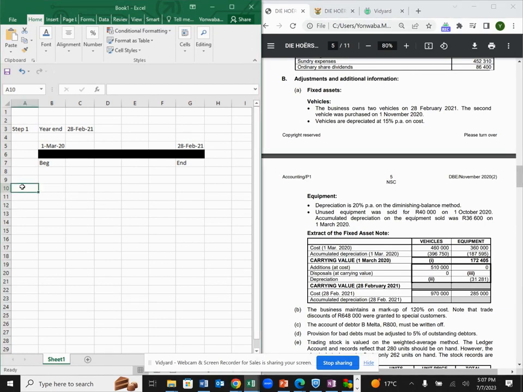Vehicle. So there's a vehicle here. Quickly, there's vehicle information. So this is step one. Step one is fine. Now we're going to step two. Step two is reading of information.